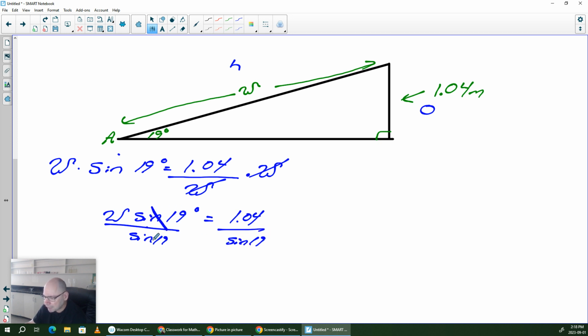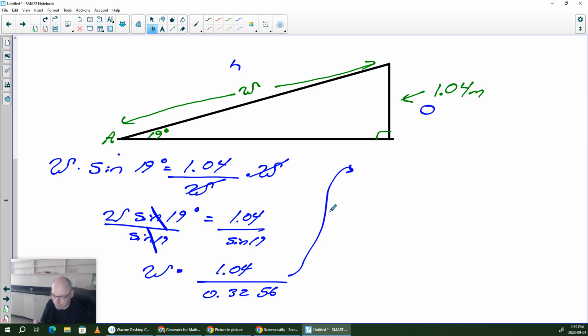So we're going to get W is equal to 1.04 divided by whatever this sine 19 works out to be. So sine of 19 is 0.3256. Hopefully I didn't make any mistakes in the first few days here now that you're doing it online.